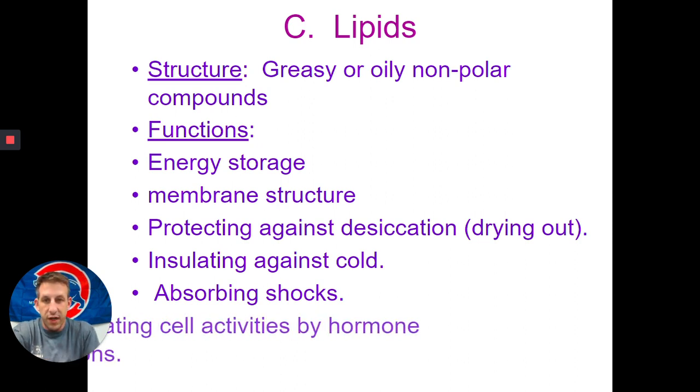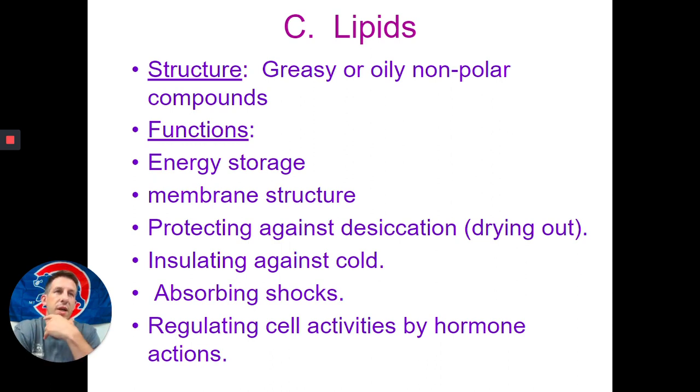One we kind of take for granted but does play a role is the fact that it absorbs shock. The past 4 or 5 years I've done the cadaver dissection lab in Leroy, and some of you may have heard of that, and some of you may have even come to visit. When we take the heart out of the body, one of the things that is really surprising is that it's surrounded by almost a layer of fat, and to really see the detail of the heart and the vessels and where the chambers are delineated, you actually have to scrape some of that fat off.